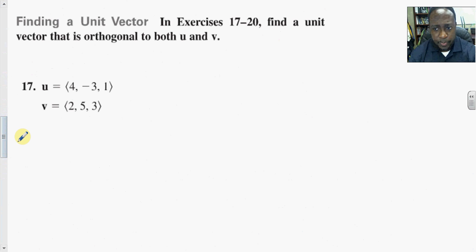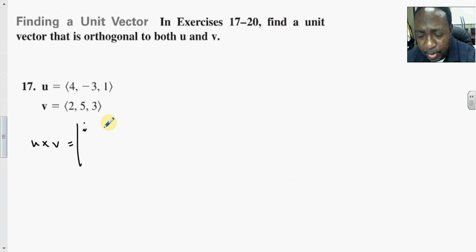So the vector that's orthogonal to both vectors U and V would be its cross product. The cross product of U with V, this is I. Then it says find a unit vector. So that's a little bit more. So here, this is 4, -3, 1, 2, 5, and 3.